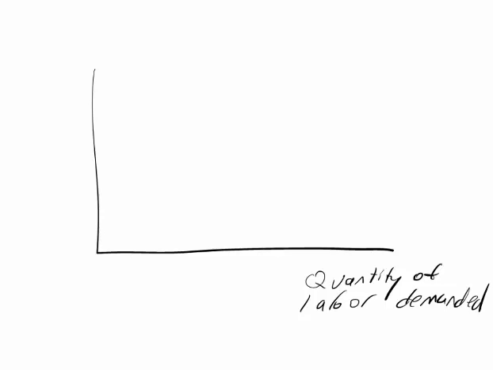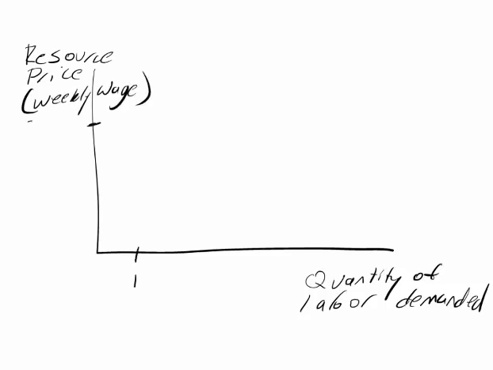On our x-axis, we're going to have the quantity of labor demanded. On the y-axis, we're going to be looking at different levels of the resource price, which in this case, recall, is the weekly wage. When units of labor is equal to 1, we know that marginal revenue product is $2,520.